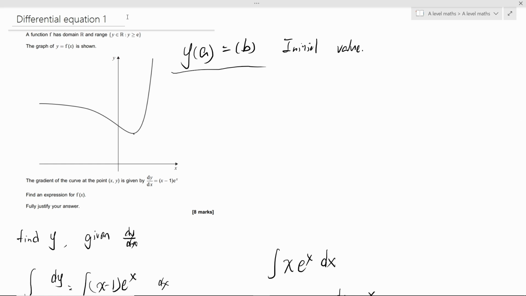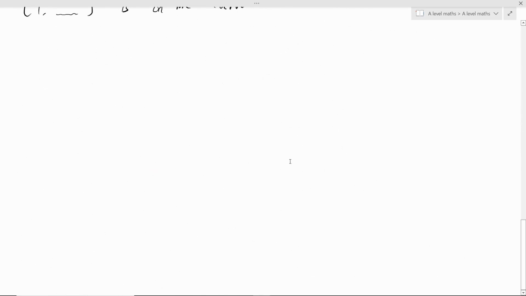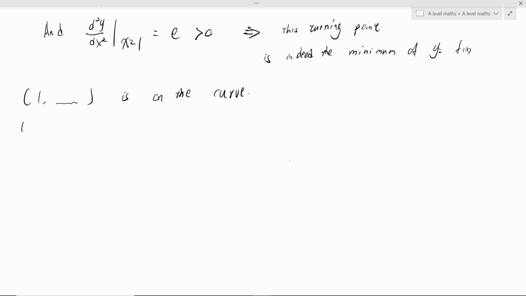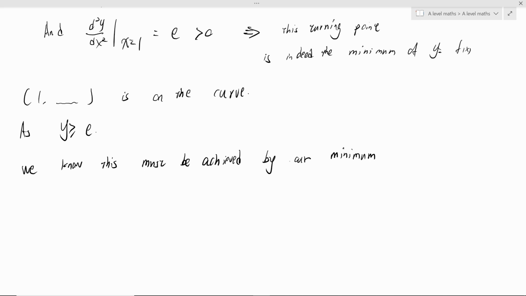So we can assume that y is e, as y is greater than or equal to e. We know that this must be achieved by our minimum and only our minimum.